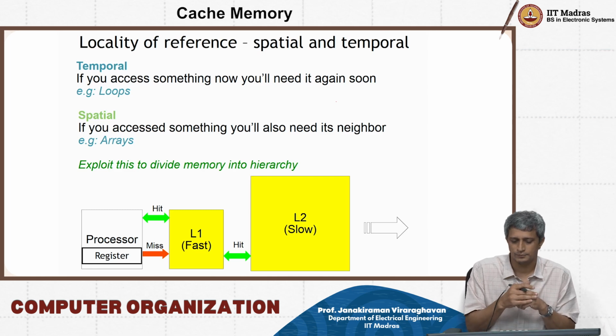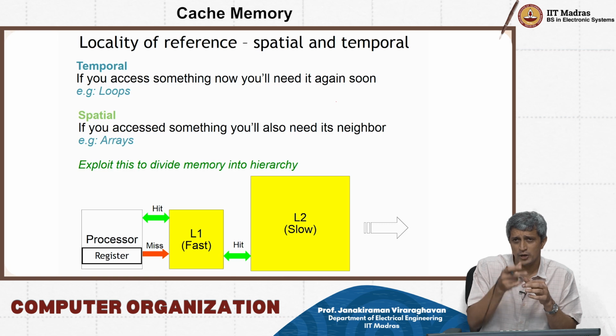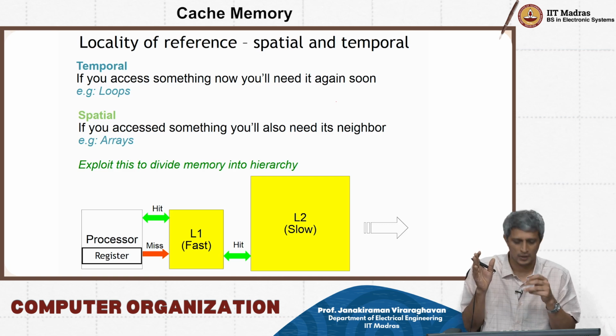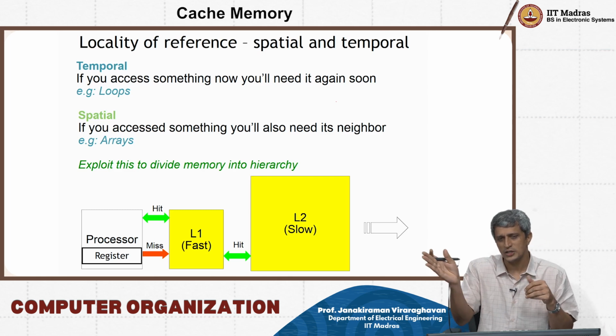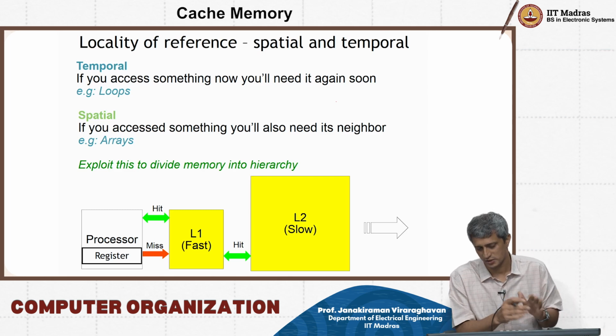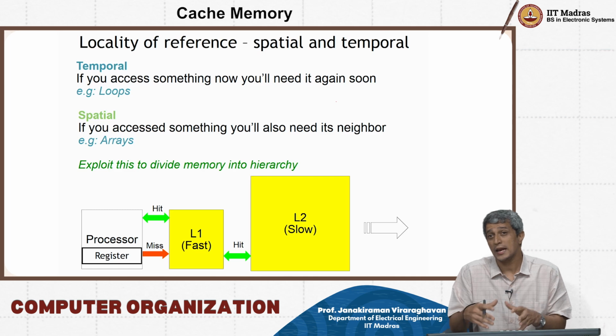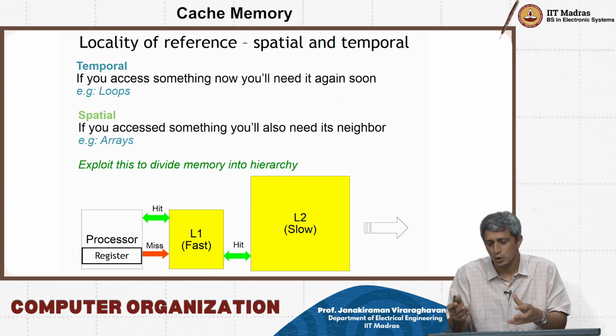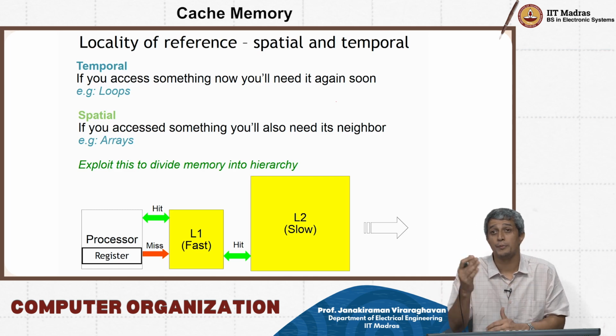So the idea is, when you miss in the register, you have to go to your L1 cache. And if you get that data in your L1 cache, well and good, it's the least penalty you had compared to your register file. Then you make another cache called a level 2 cache, L2 cache, which is slower but bigger.